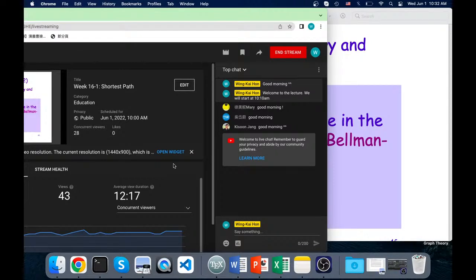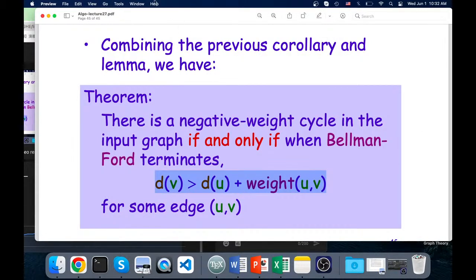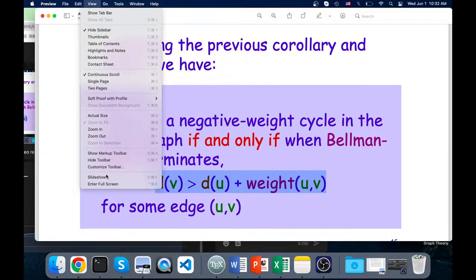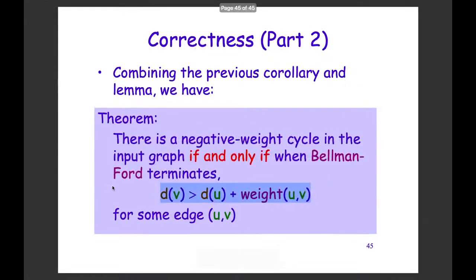So Bellman-Ford is extremely easy to write. By the way, what is the running time? We haven't talked about this. This is about the correctness, right? So what is the running time of this Bellman-Ford algorithm? Let's see. It performs n-1 rounds of relaxation, and for each round, we just need to check each vertex and each edge once.